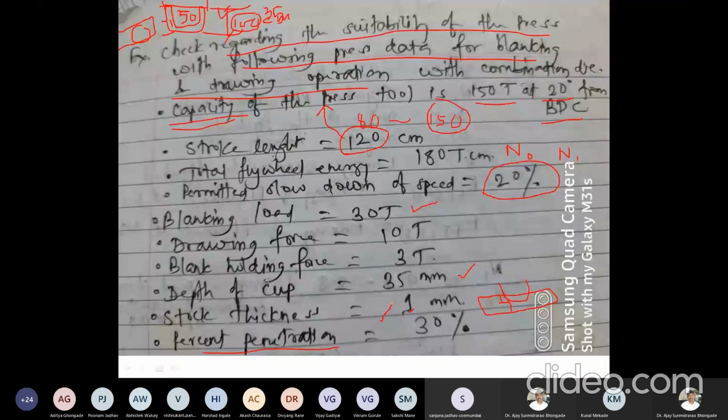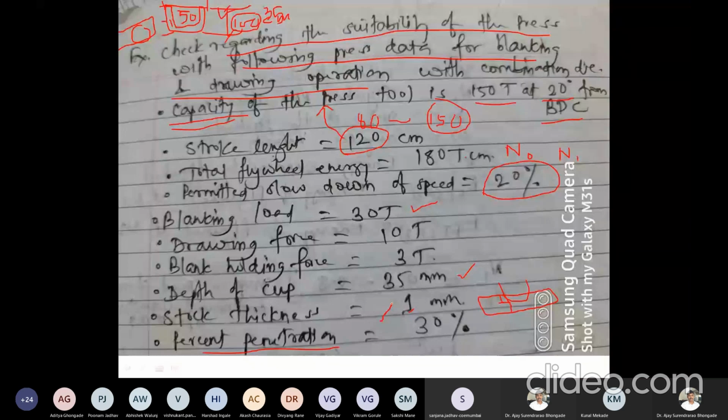Now we can think of it from the tonnage point of view. We are solving it from two points of view: press force and press energy. Let us work out the force. Now, what is the total load on the press? The blanking load, drawing load, and holding load.